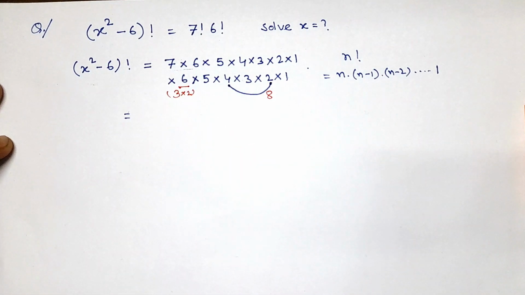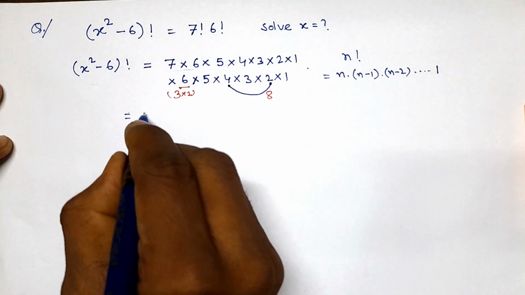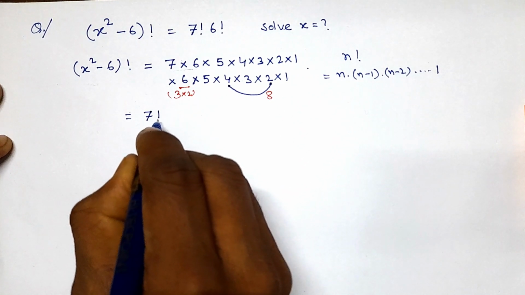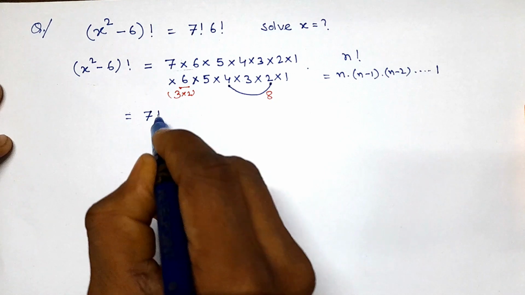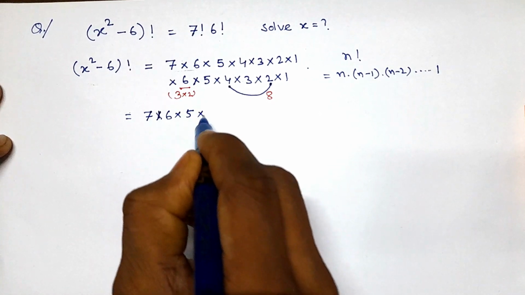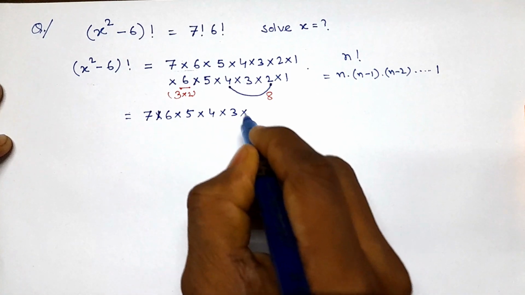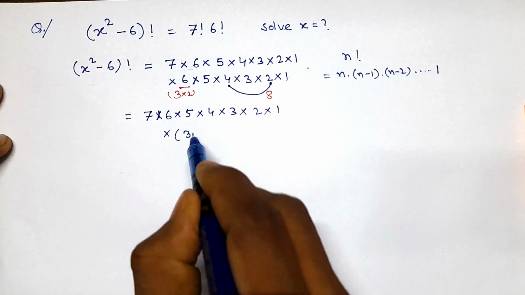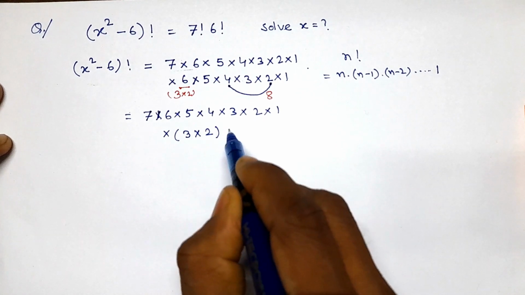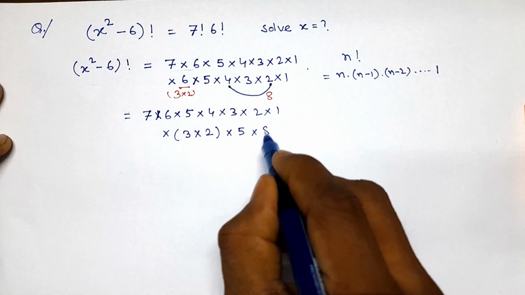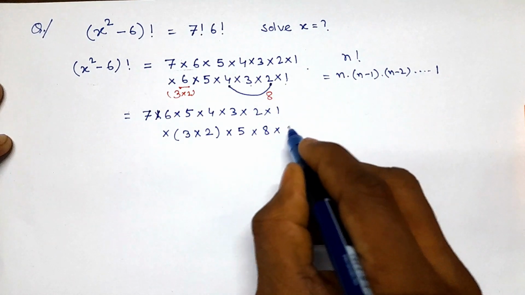So we will rewrite the next step like this: 7 factorial multiplied by this 6, which will be broken into 3 × 2, and 5 will be 5, and this 4 × 2 will be 8, and 3 and 1.